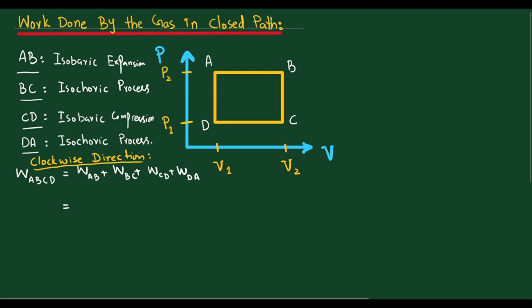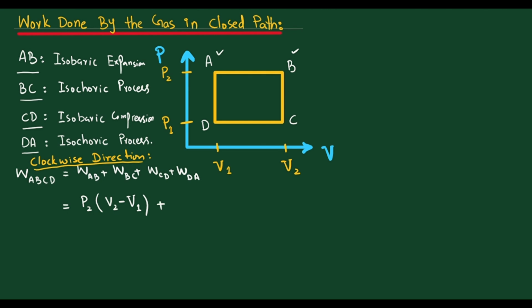Now the work done from A to B, an isobaric expansion, is the pressure times the change in volume. At A and B the pressure is P2, and the change in volume is V2 minus V1, as the final volume is V2 and the initial is V1.